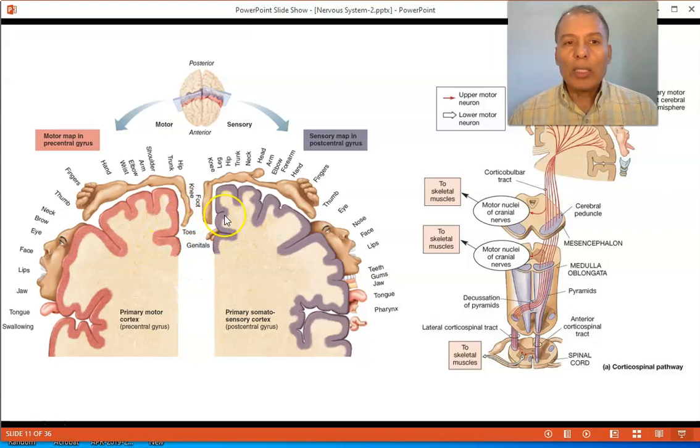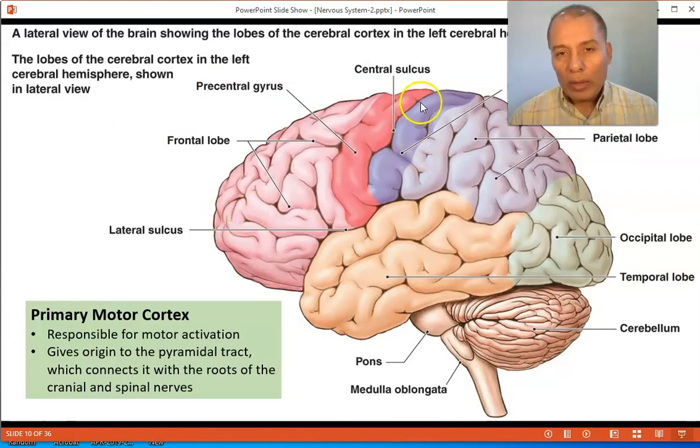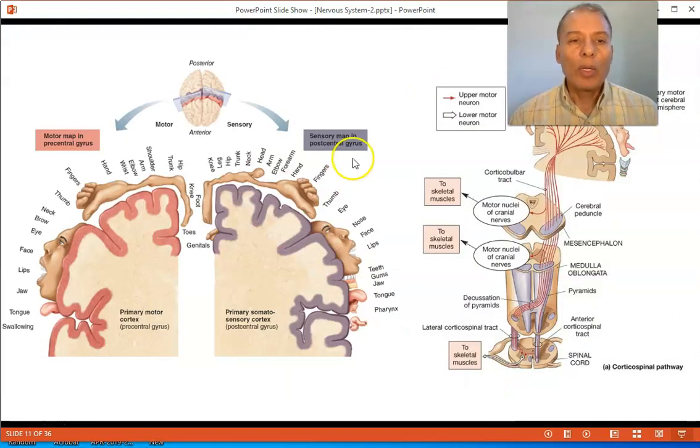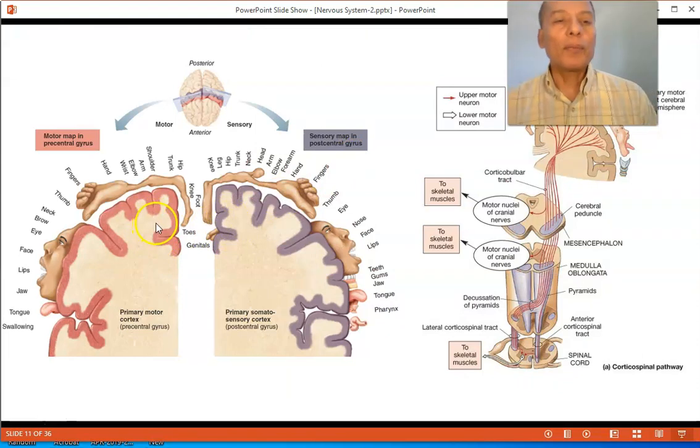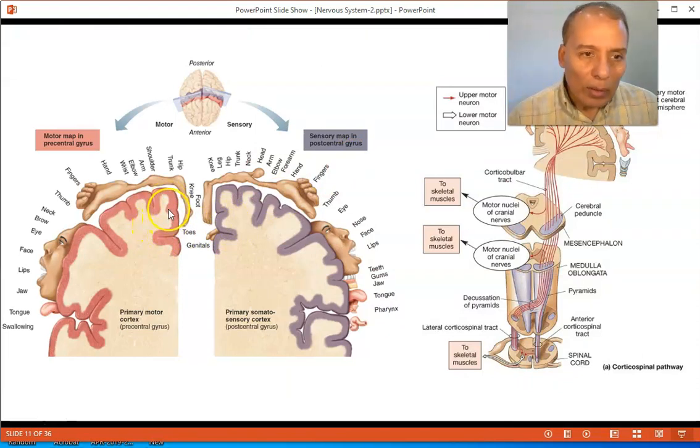Now let's go back here, take the motor cortex and the somatosensory cortex, these two, and we are going to separate them and look inside of them.